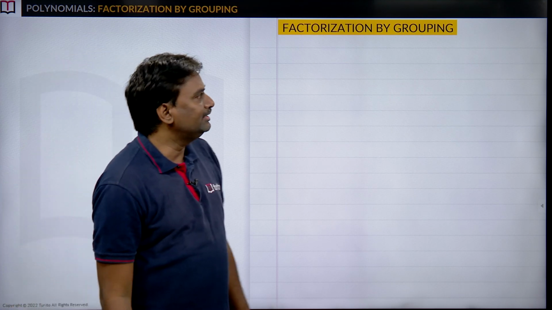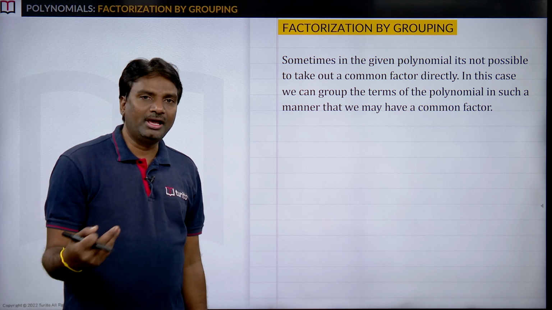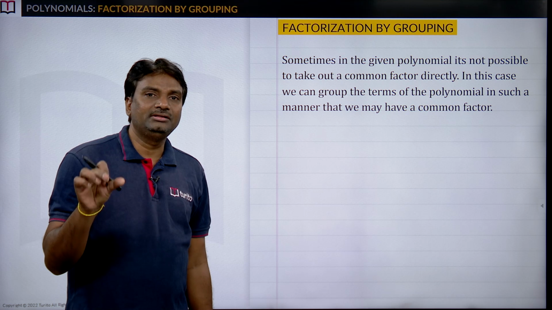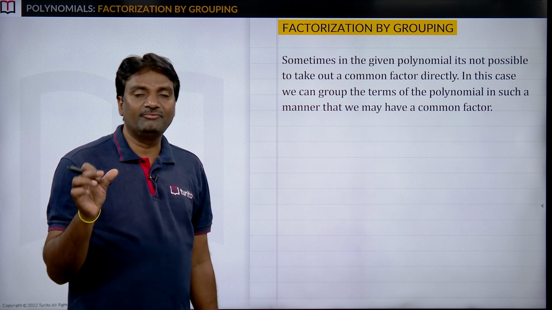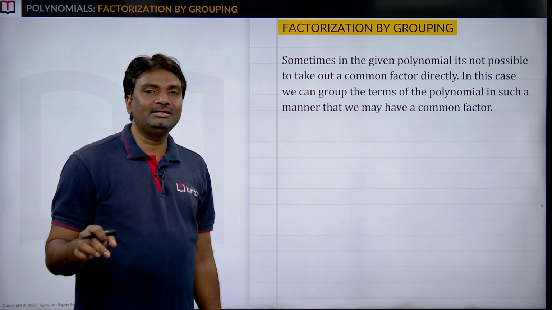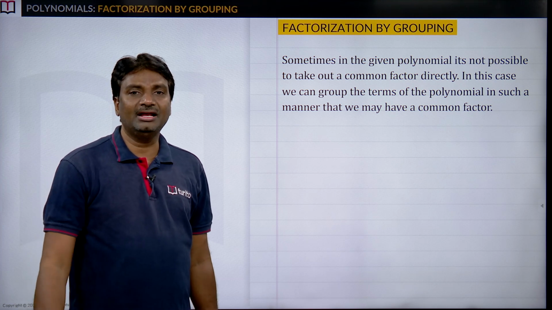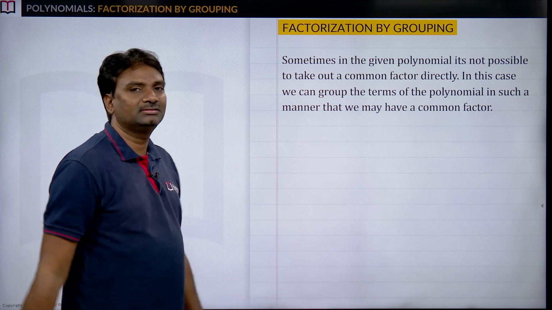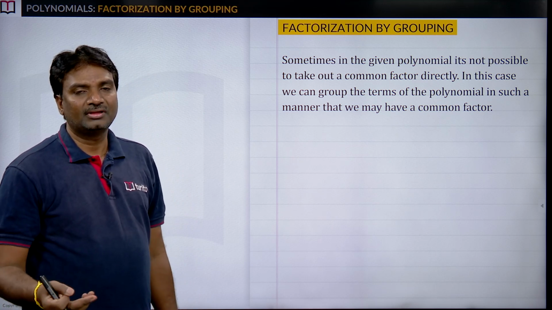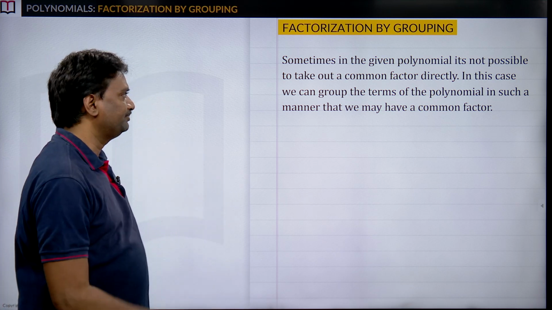Now, factorization by grouping. In the last class we discussed factorization of polynomials, where all the terms in the given polynomial have a common factor. But it is not necessary that all the terms of a polynomial always have a common factor. In this case, we can regroup the terms and express the given polynomial as a product of factors.